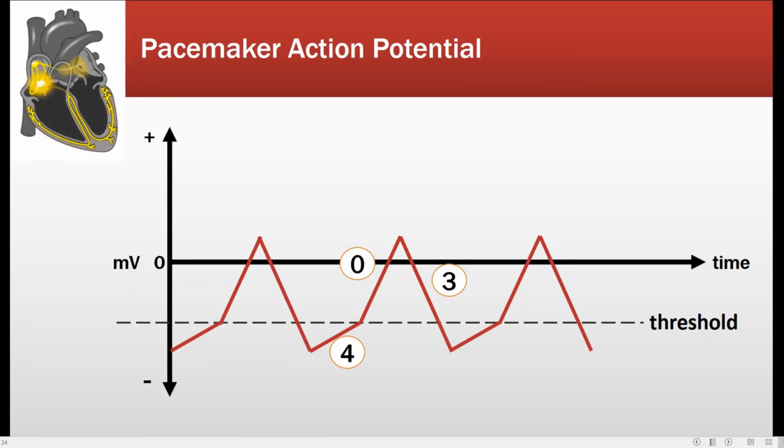The heart displays automaticity, which makes your heart contract in a continuous manner. So the pacemaker cells do not have a stable resting action potential, and it is the spontaneous depolarization of the pacemaker potential that gives the heart its automaticity.